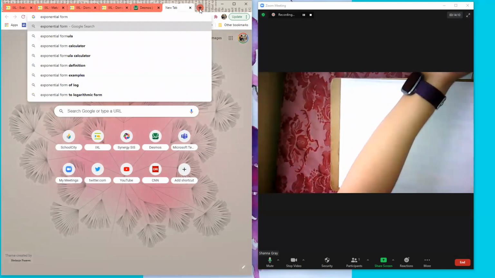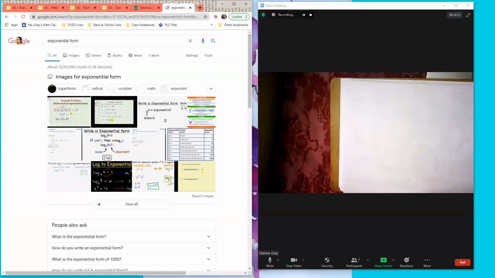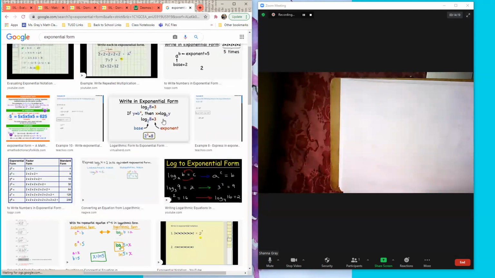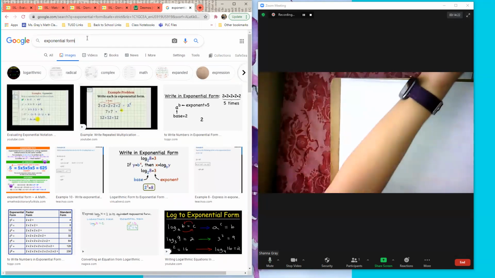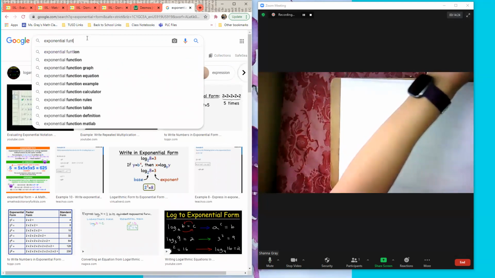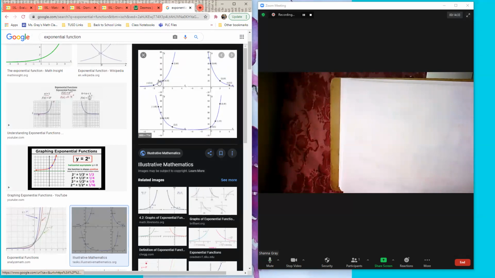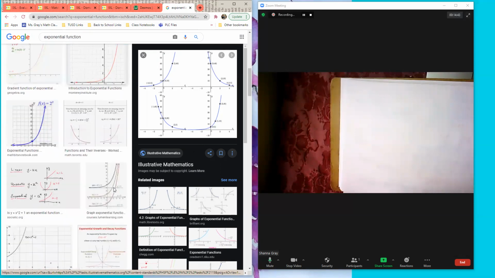If I was you, I'd search exponential function. So exponential functions definitely have this curved shape. And that's that idea of it either getting big really fast, or if it's going down, it's decreasing really quickly over time. And it has a setup.